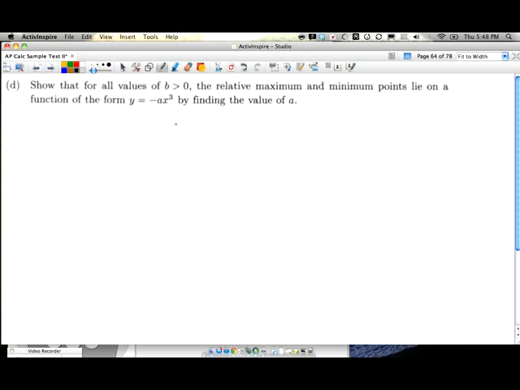Part D. Part D here says, show that for all values b greater than 0, the relative maximum and relative minimum points lie on a function y equals ax cubed by finding the value of a. So it's saying that those 2 points are still going to be here.